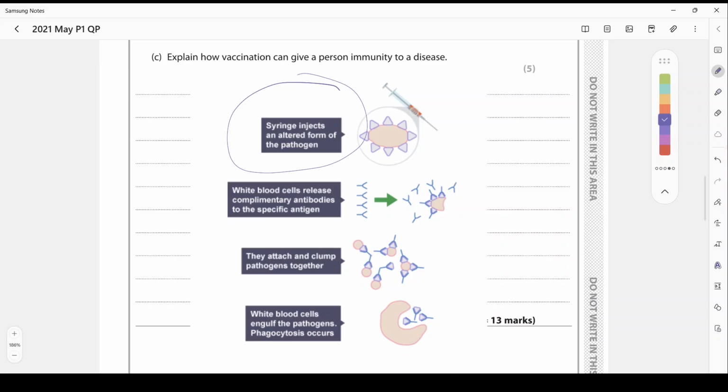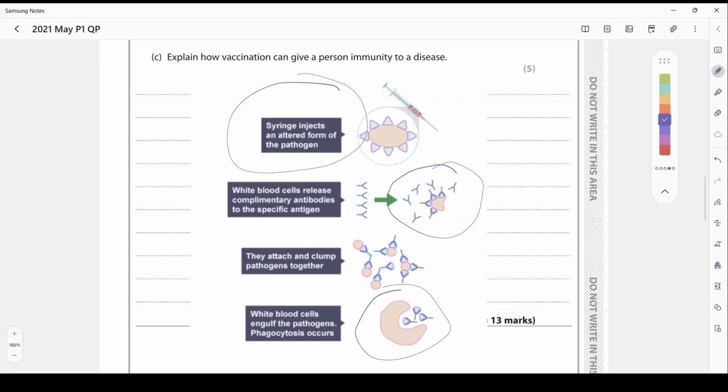Now, what would happen is that you have your lymphocytes that would then produce antibodies, and these antibodies are complementary to the antigen that is present in the vaccine. And eventually what would happen is this would help the phagocytes engulf the pathogen.